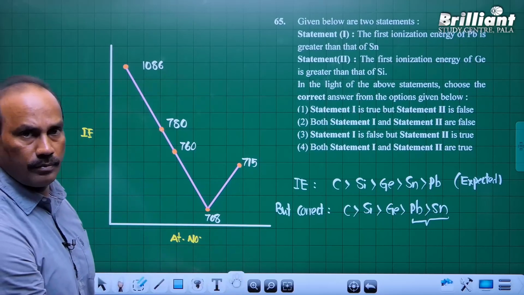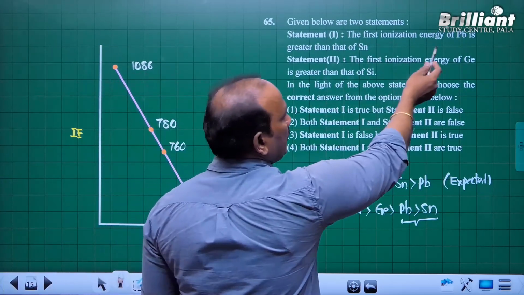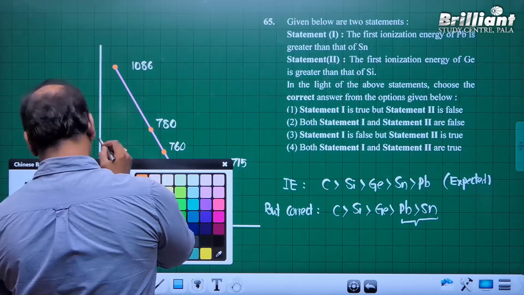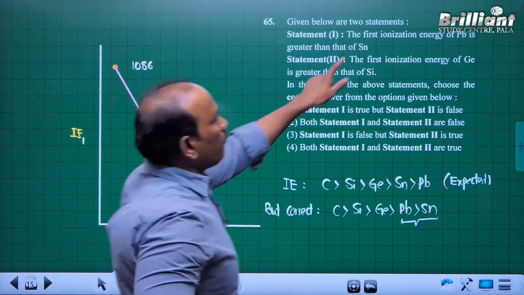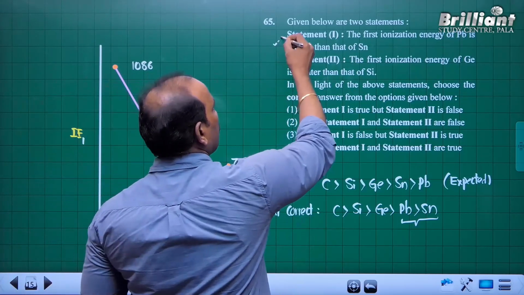Okay, na? What is the first statement? First ionization enthalpy of lead is greater than tin. These are IP1 values. This is correct.